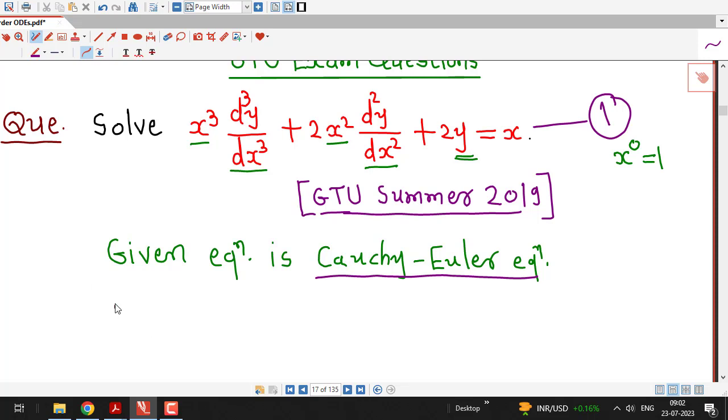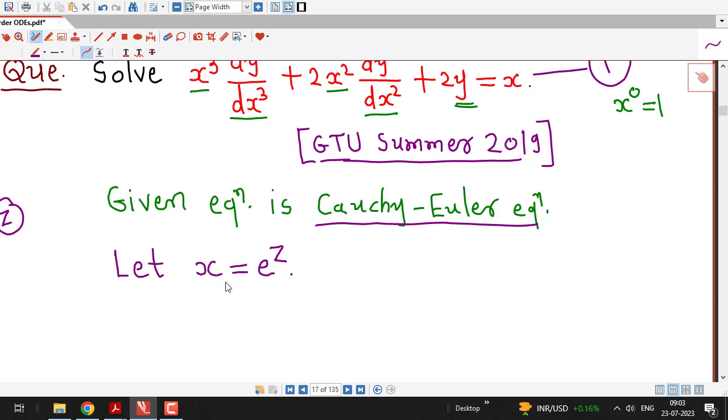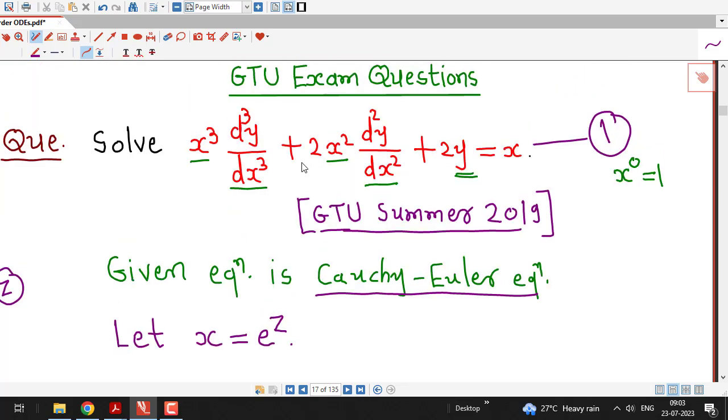So we recall that here we have to change the independent variable x to new independent variable, say z, by the transformation x equal to e raised to z. Remember that whenever our differential equation is Cauchy-Euler equation, we will use this transformation x equal to e raised to z to convert given equation into differential equation with constant coefficients.